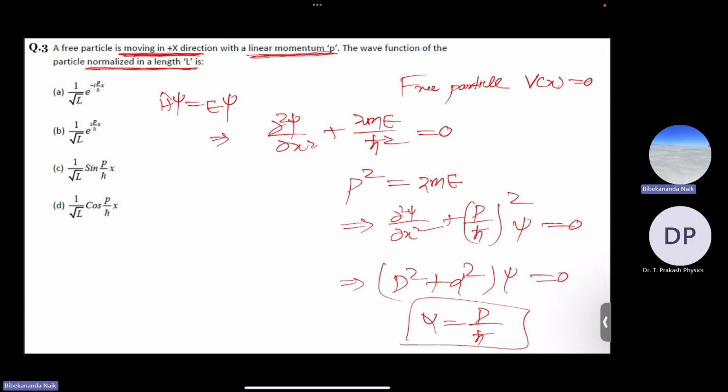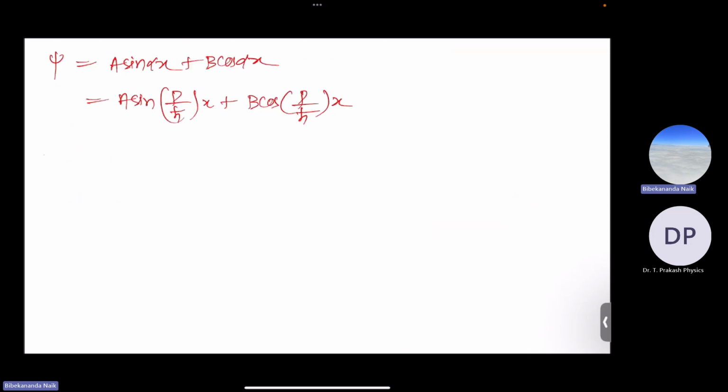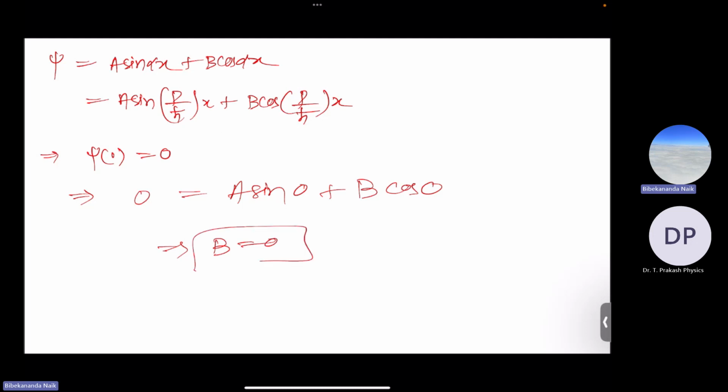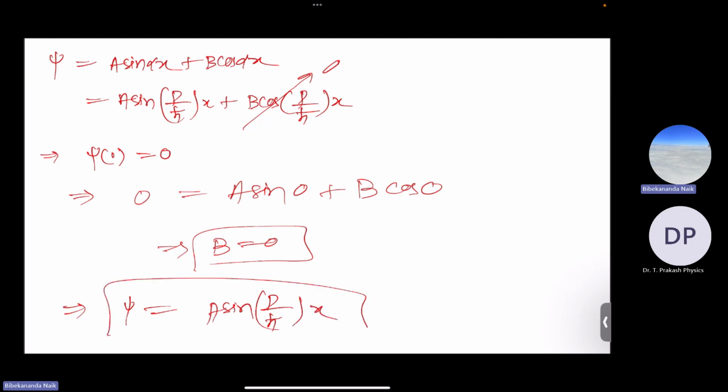Similarly here we will apply the boundary condition. The boundary condition is at 0, the wave function value is 0. Sine 0 is 0, but cos 0 is non-zero. So 0 equals A sin 0 plus B cos 0. Cos 0 is 1, so you will get B equals 0. So psi will be A sin p by h cross into x.